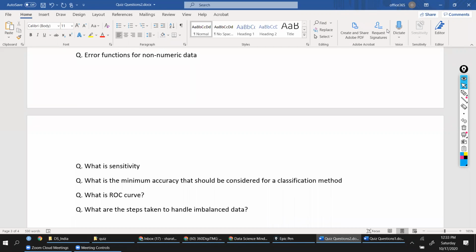There are two ways to handle imbalanced data cases. Whenever we are dealing with any model, to tune the model for better accuracies, there are two approaches. First approach is to handle the data. The second approach is to manage the models themselves.